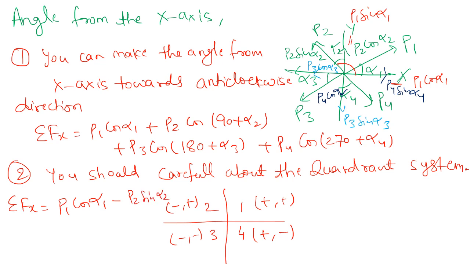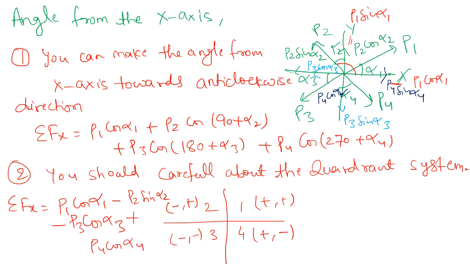Now P3 is again negative, so minus P3 cos alpha 3, and now P4 is along the positive axis, so plus P4 cos alpha 4.